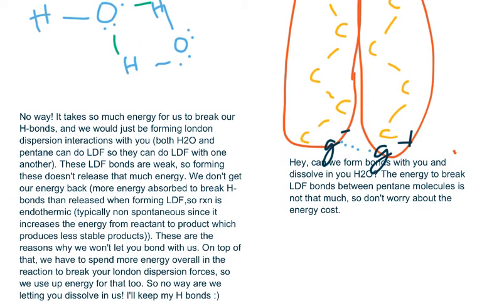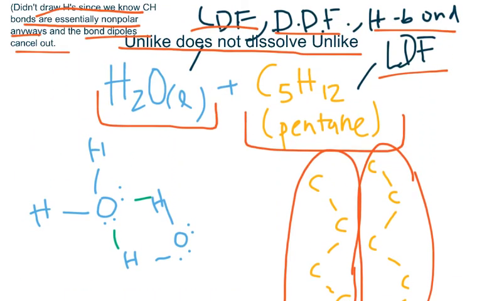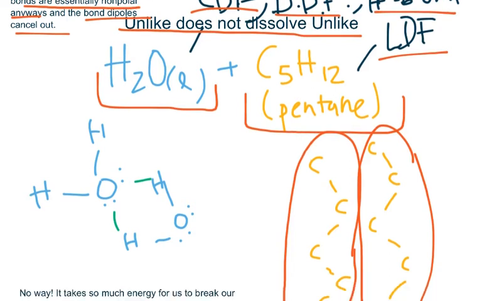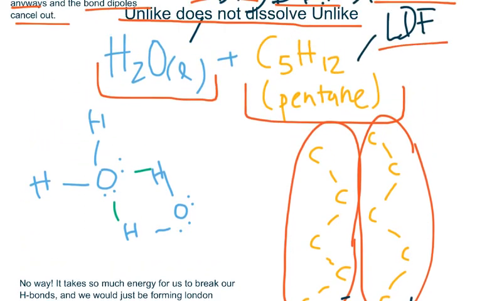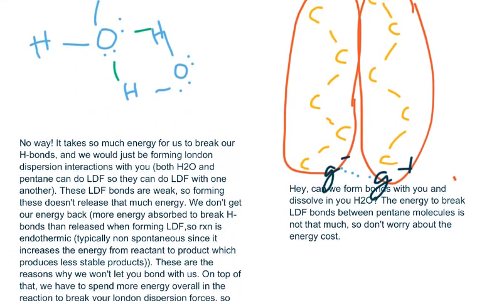Now, let's do a little bit of storytelling in order to explain why unlike things will not dissolve in other things that are unlike the first thing. So, I know that was confusing, but basically, two things that are unlike will not typically dissolve each other. So, let's figure out why.